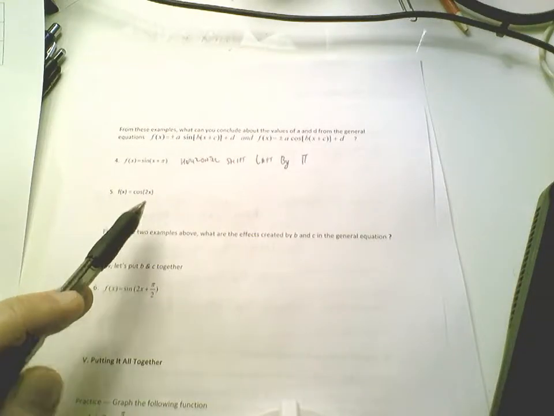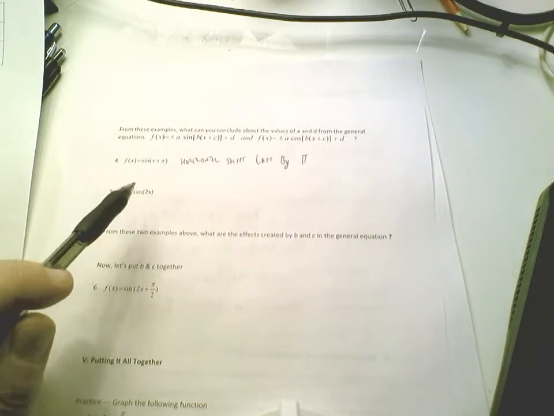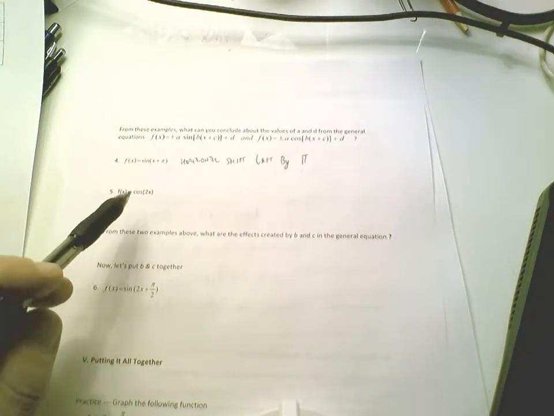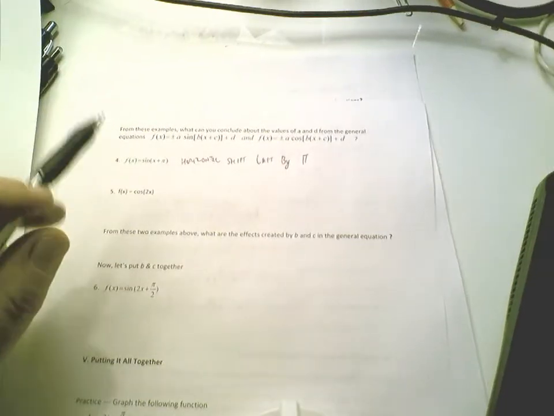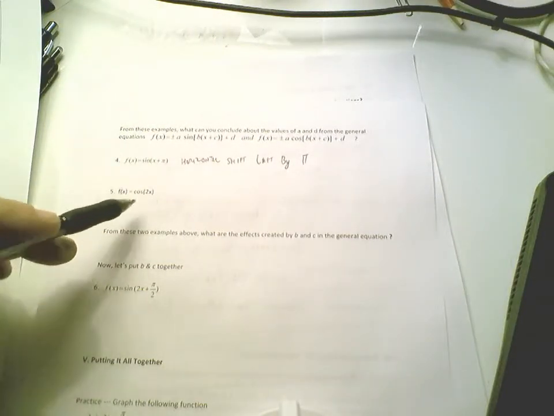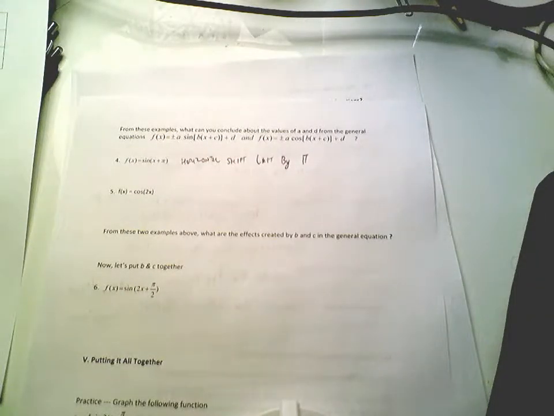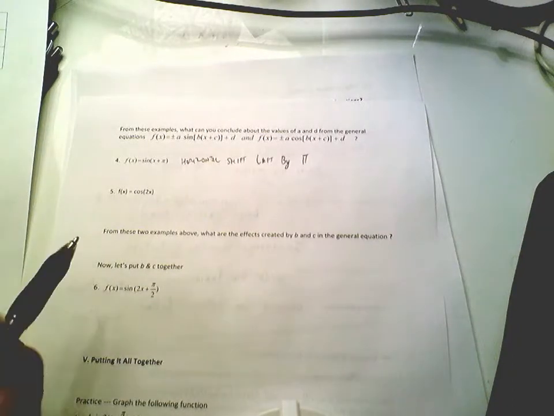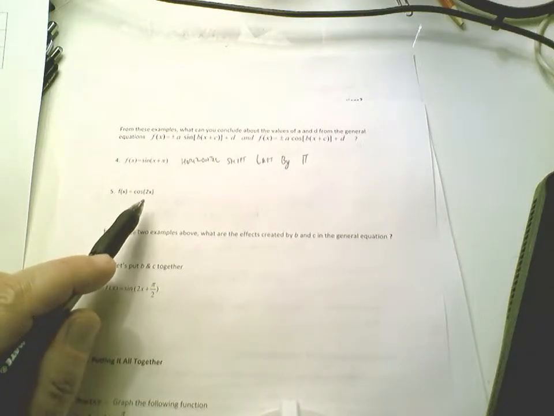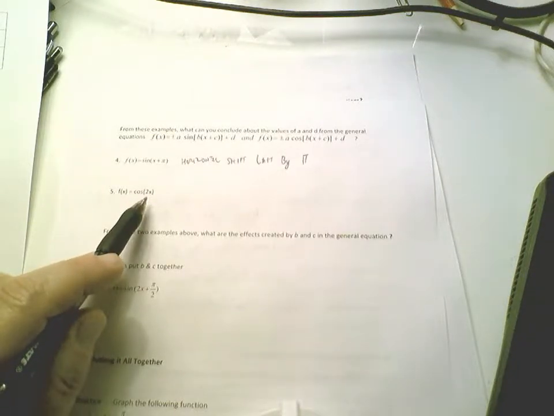Cosine 2x. This is inside the function. And here's the key thing. In here, a good way to describe it is I don't need as much x to get a certain value. It's kind of a funny way to say it, but it's a nice way to think about it. But the bottom line, let's just translate this. This is also an inside the function impact.